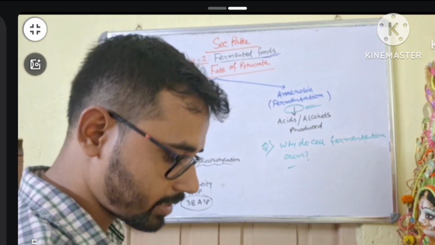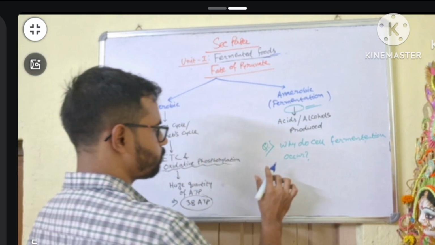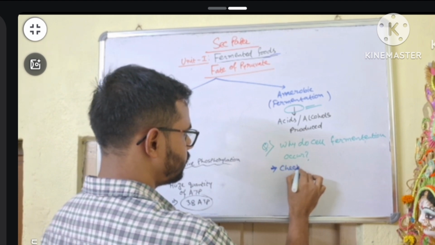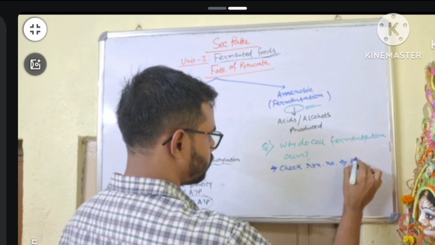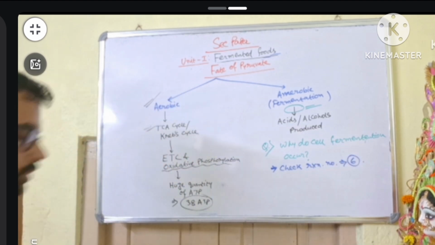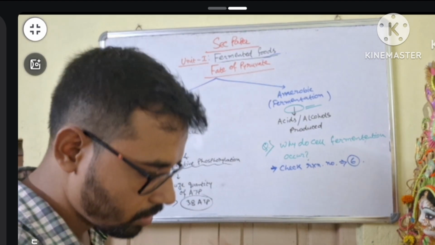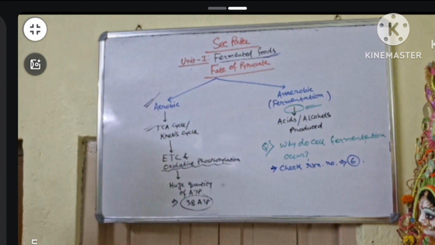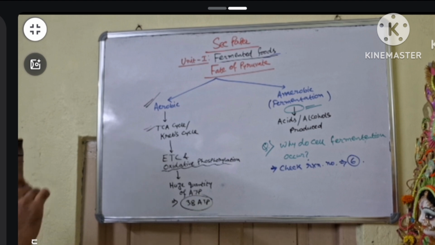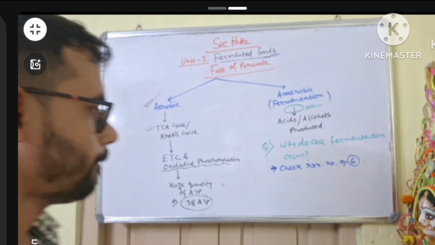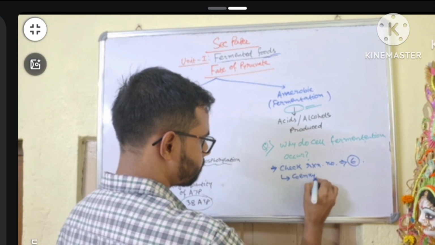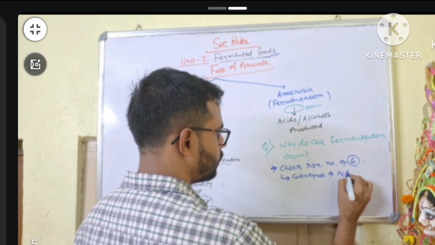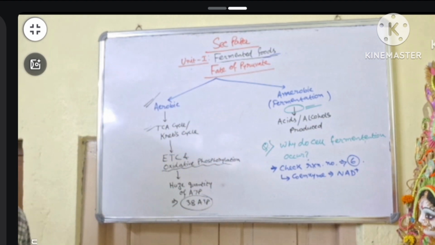Check reaction number 6 in glycolysis. I said earlier it is a critical step, because in reaction number 6, the needed coenzyme is NAD plus.